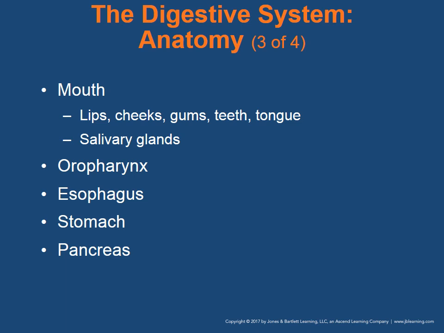So the oral pharynx, esophagus, stomach, pancreas, all parts of this. Pancreas helps make the insulin for our body in order to use the glucose or the sugars from the food that we get in order for it to enter the cell. The insulin is the key to get that glucose inside of the cell.